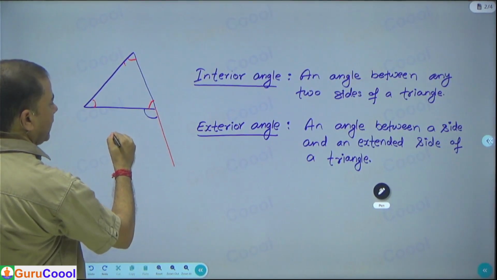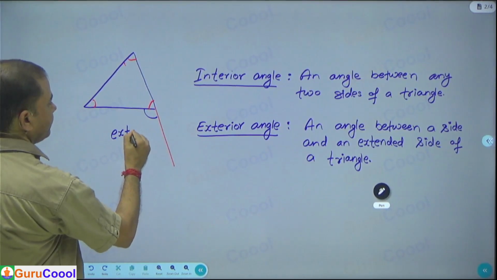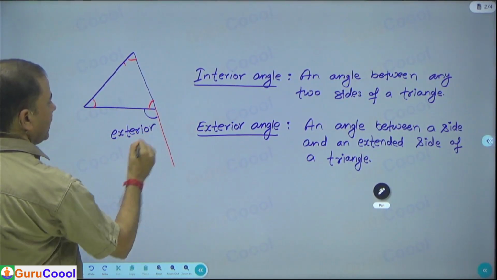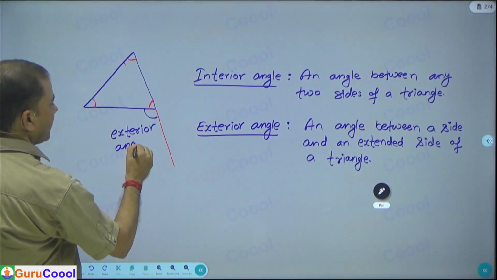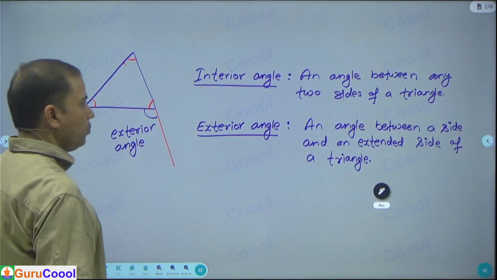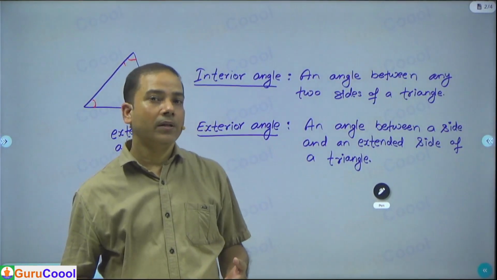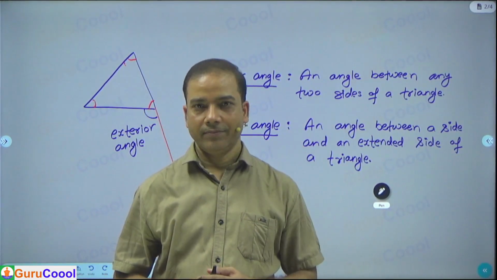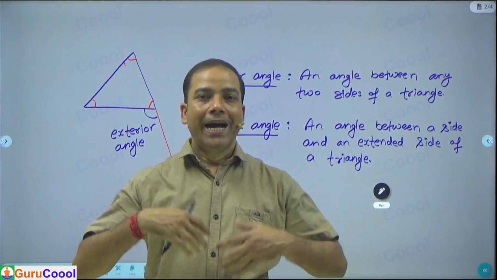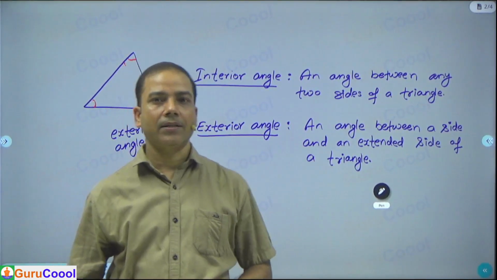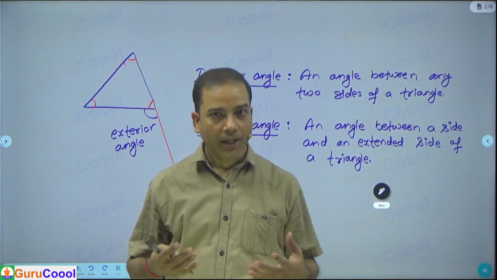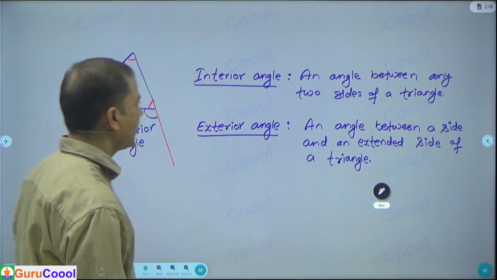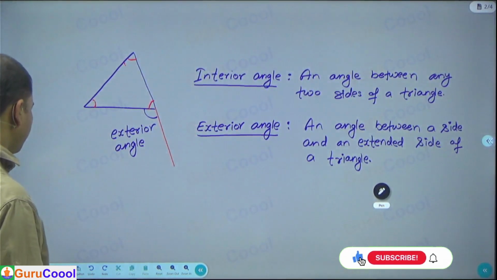This is exterior angle. Well, so here we learned what is an interior angle and what is an exterior angle. Now the question is, how many such exterior angles exist in a triangle? Let us see that in the next page.